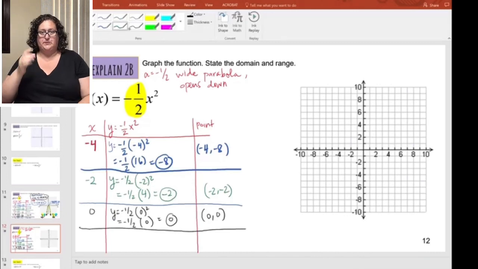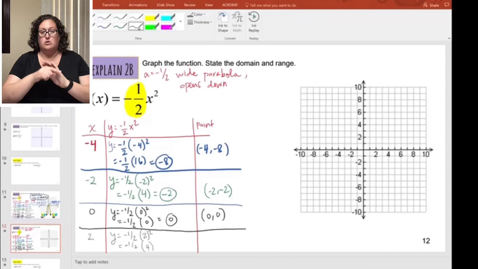For our fourth point, we're using x equals 2. When x equals 2, y equals negative 1/2 times 2 squared, which equals negative 1/2 times 4. Negative 1/2 times 4 is negative 2. So 2 comma negative 2.